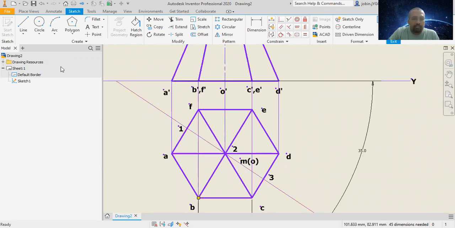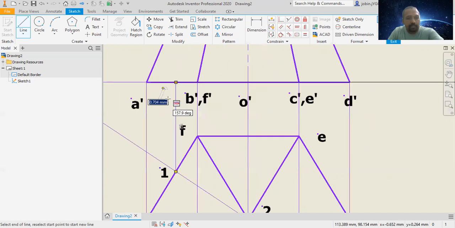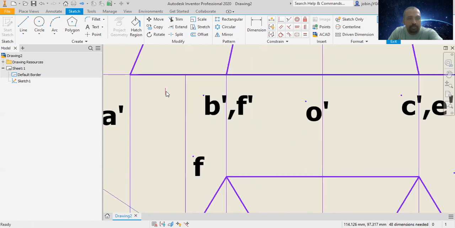Then we have to project these cutting points to the front view. Project 1, 2. So 1 is on AF, so you project it on A dash F dash and name this point 1 dash.